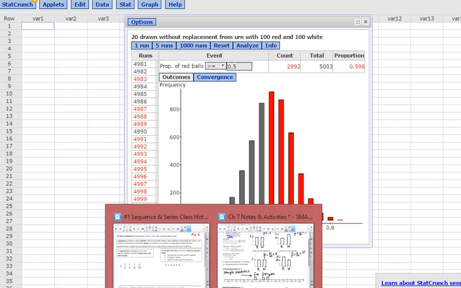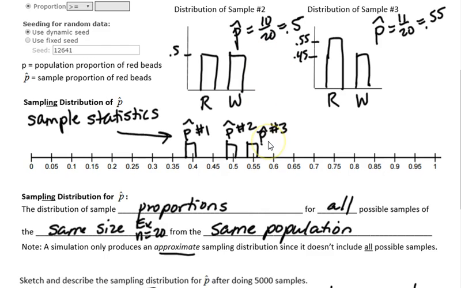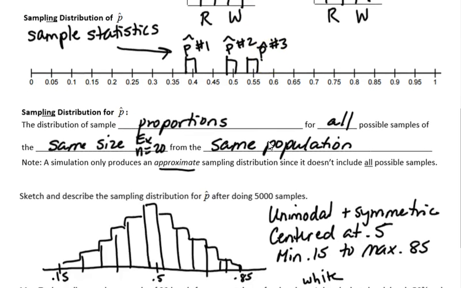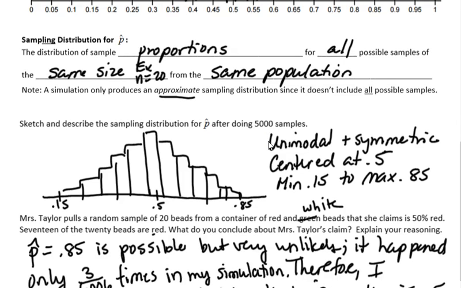So if we go back to the notes, this is known as a sampling distribution for p hat. The sampling distribution for p hat is defined as follows: the distribution of sample proportions for all possible samples of the same size, in this case n equals 20, from the same population.